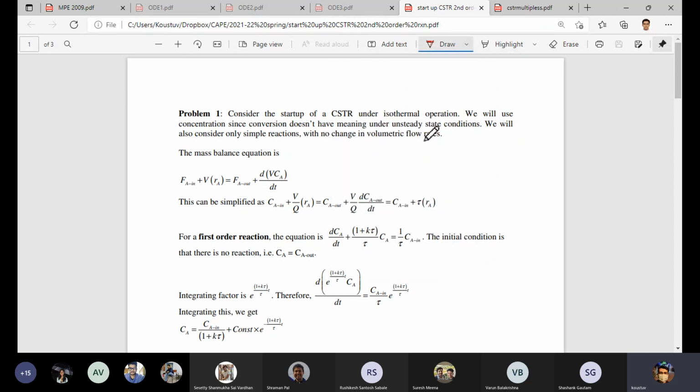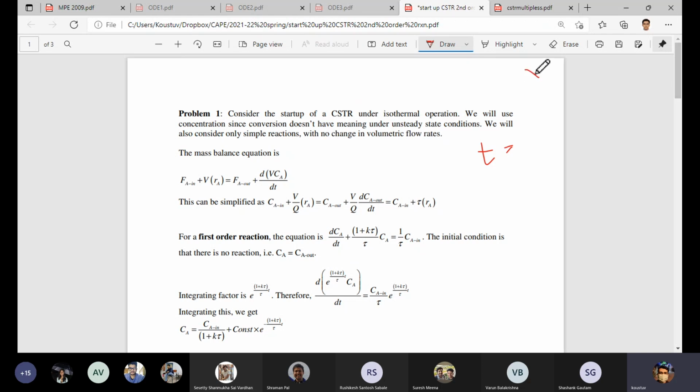But when we actually start a CSTR, what is the time that it takes to go to the steady state behavior of concentrations or conversions at the end of the reactor when it is operated at steady condition?